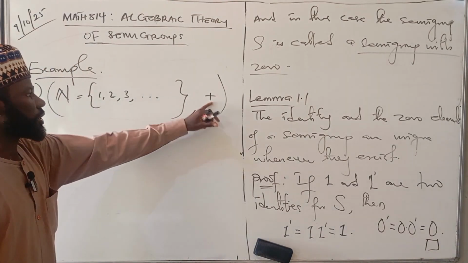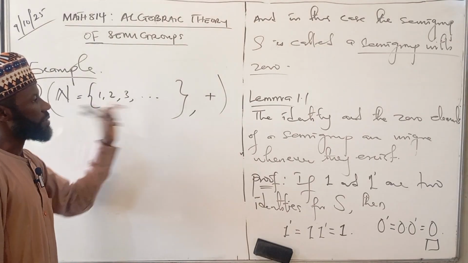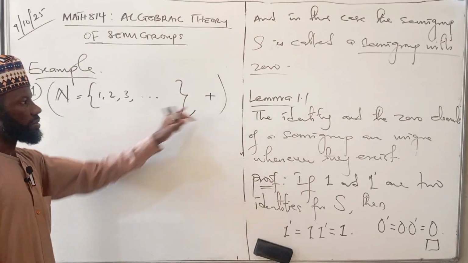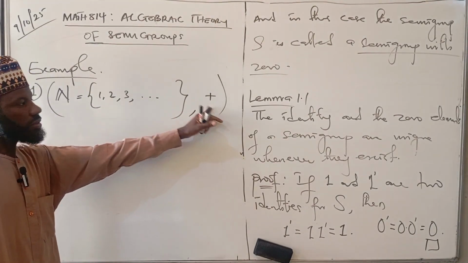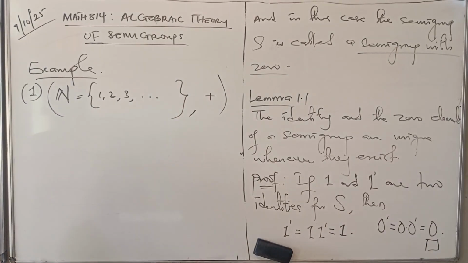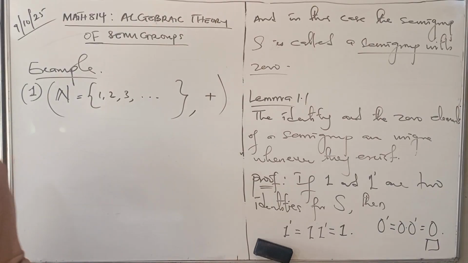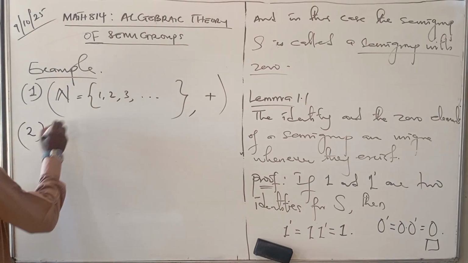If you take the binary operation on the set N of natural numbers to be addition, this is a semigroup, because addition is associative. And it's closed, that is, it is a binary operation. That is what closure means.